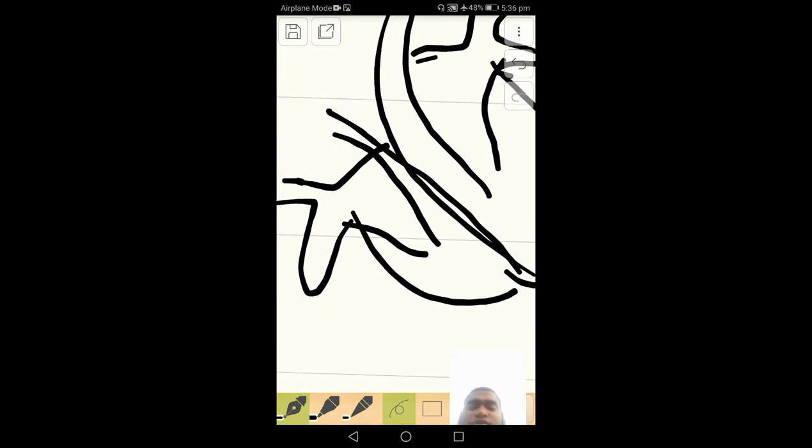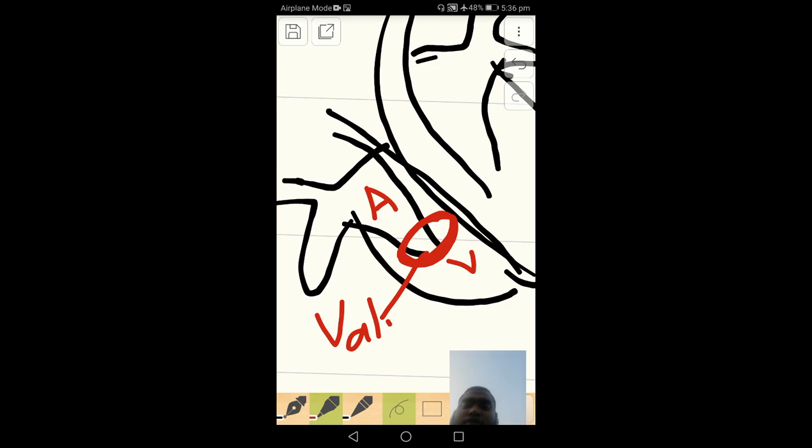Okay, so look, this is the atrium and this is the ventricle, and between the atrium and the ventricle, this part is what we are calling the valve, or more appropriately the atrioventricular valves. The atrioventricular means between the atrium and the ventricle.